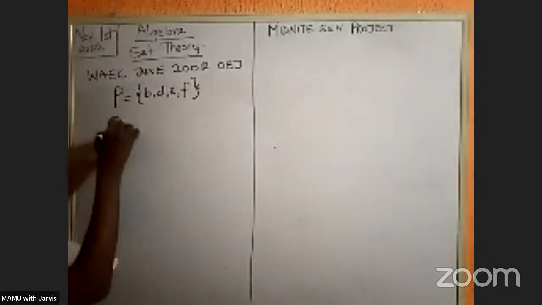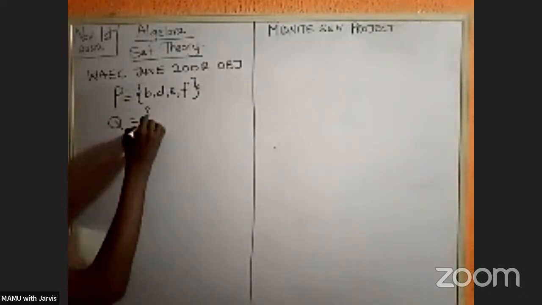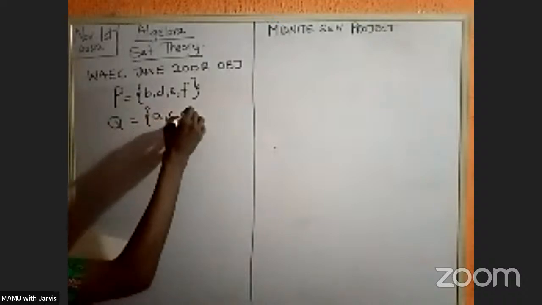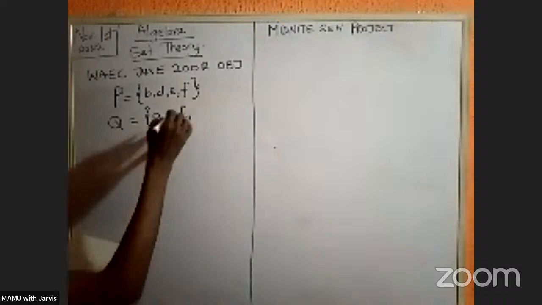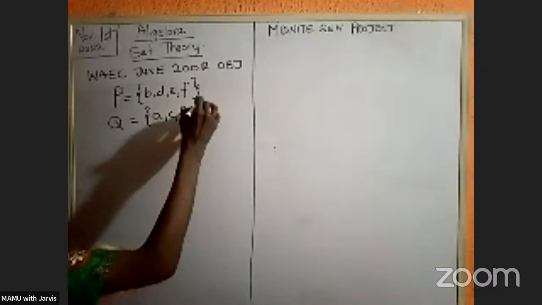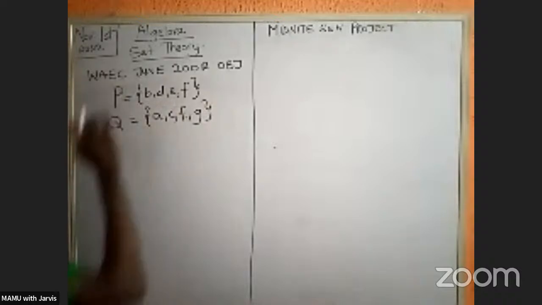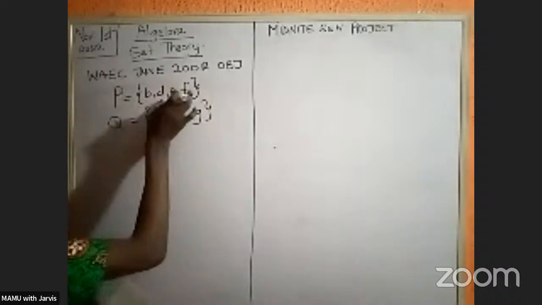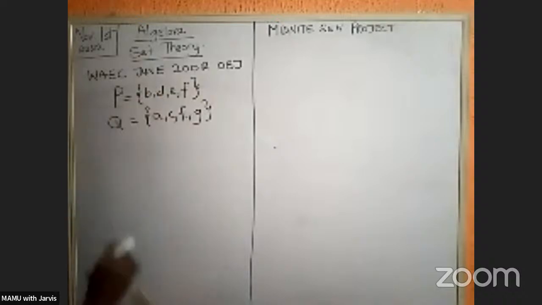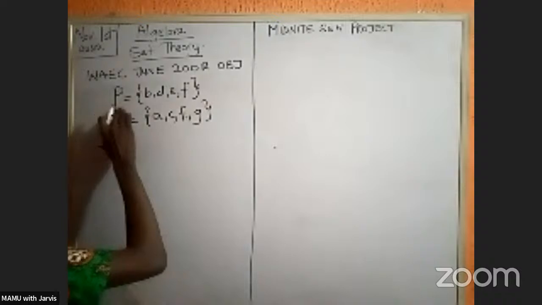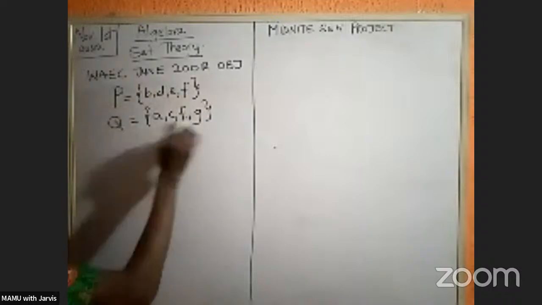And we are told that Q is equal to A, C, E, F and G. These are the elements in the set. We write the elements of a set in a curly bracket, separated with a comma. So P is a set having these elements, and Q is a set having these elements.